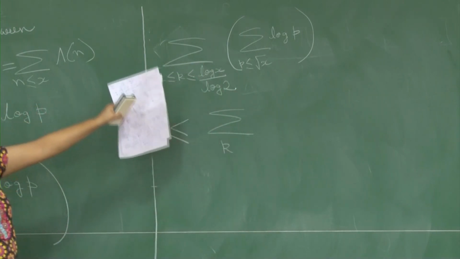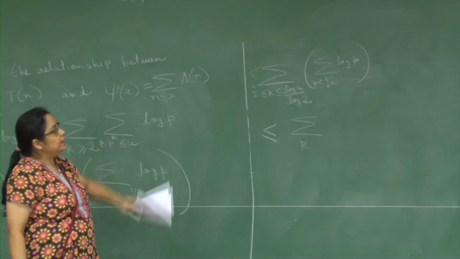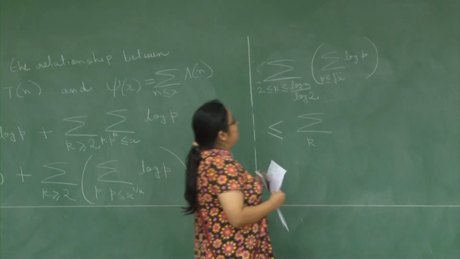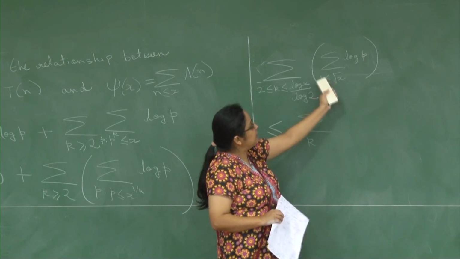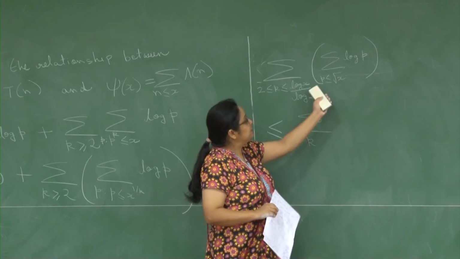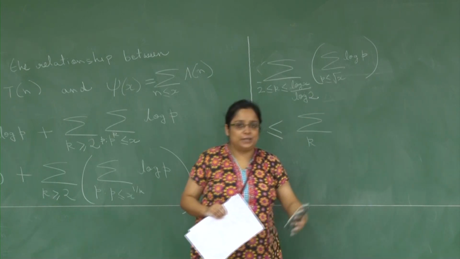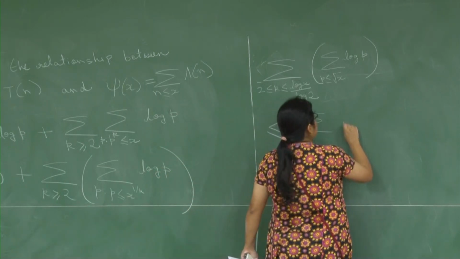What is the worst possible, the maximum possible value of your inner sum? The sum is running over all the primes up till root x. So, the maximum number of primes up till root x is root x. Of course, there are better bounds, but root x is fine also.